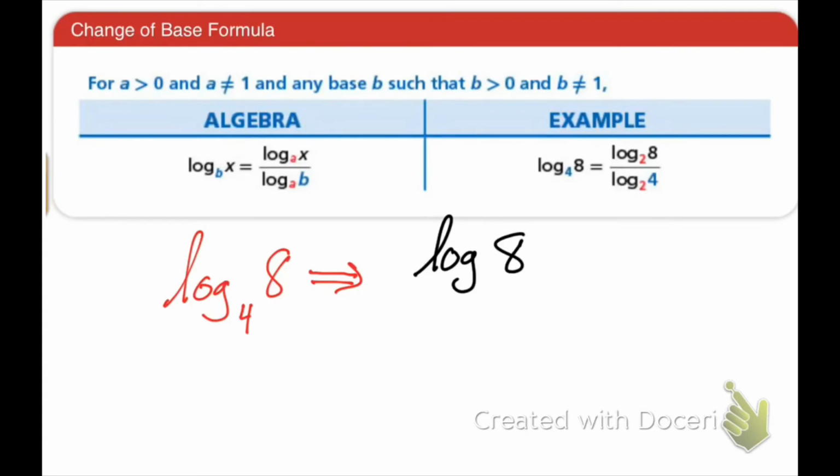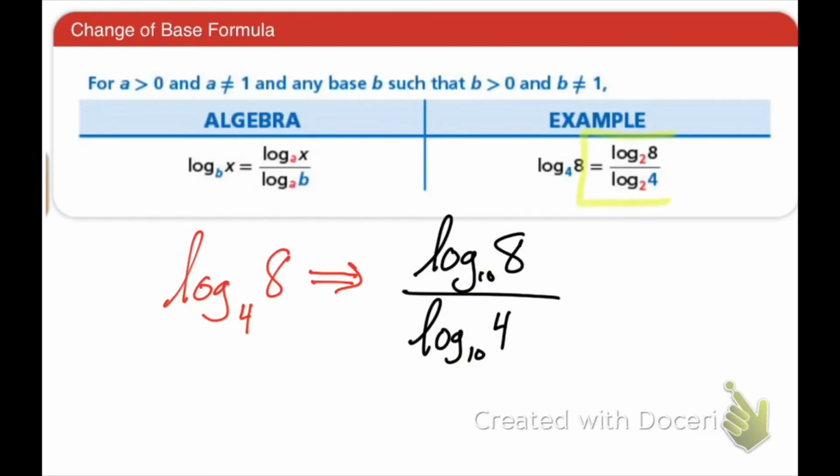I'm just going to keep it as a common logarithm, or a base of 10, over log base 10 of 4. So notice that when you do this, that number goes on top, and the base here goes to the bottom. But it moves up and it becomes the number you're actually taking the log of. And then the base, you can change that to whatever you want.